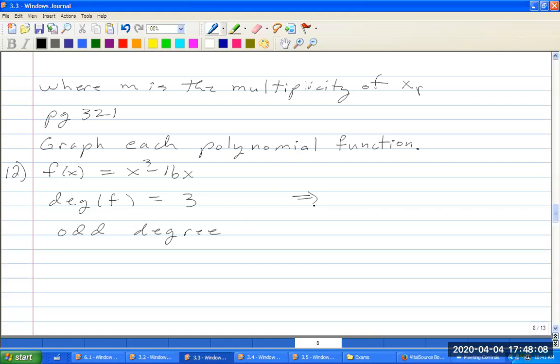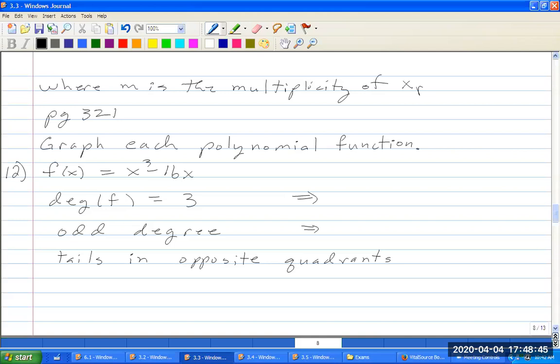That means that since it has odd degree, the tails will be going in opposite quadrants, in quadrants that are antipodal to each other. So either the first and third or the second and fourth quadrants.